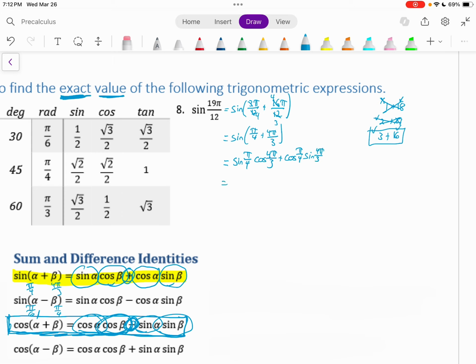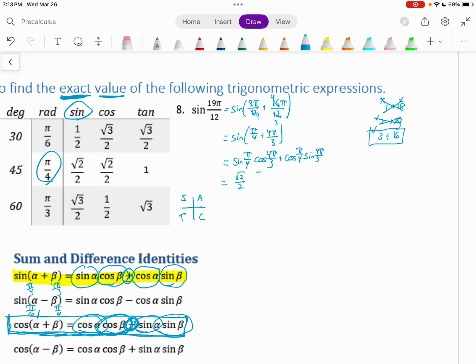And from our chart, we know sine of pi over 4 is root 2 over 2. Cosine of 4 pi over 3, well, this goes back to what quadrant it is. Now remember, everything is positive in the first quadrant. Sine is positive in the second quadrant. Tangent is positive in the third quadrant. And cosine is positive in the fourth quadrant.